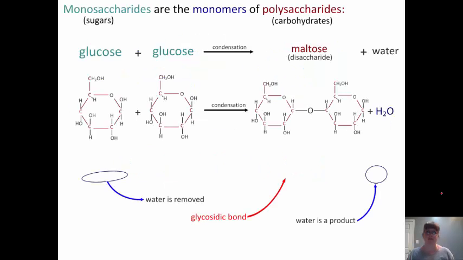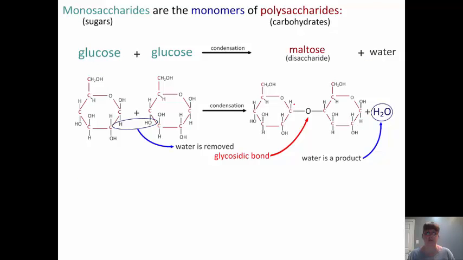So let's talk about specifically how this happens with those saccharides. If we take glucose and add another glucose through a condensation reaction, we'll get maltose, which is a disaccharide, and of course our water molecule. So when we look at this, we're going to take our two glucose molecules.